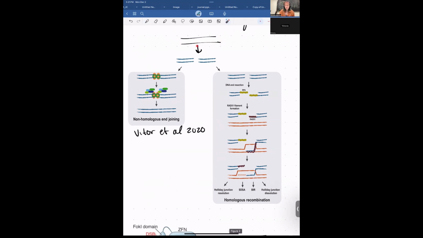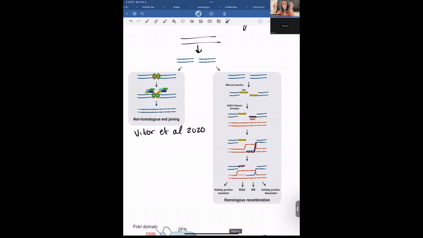Here, this is just a schematic of two strands of DNA. And when that DNA is broken by a double-stranded break, there are two different types of repair that can occur.